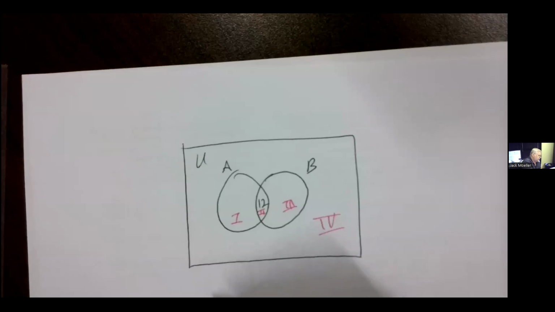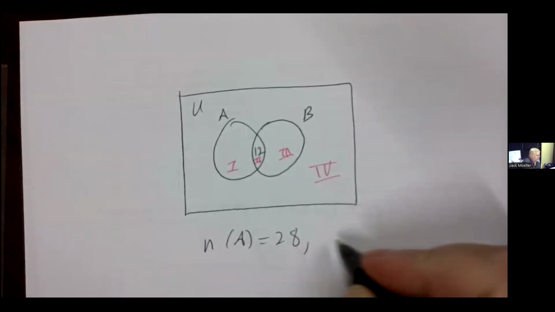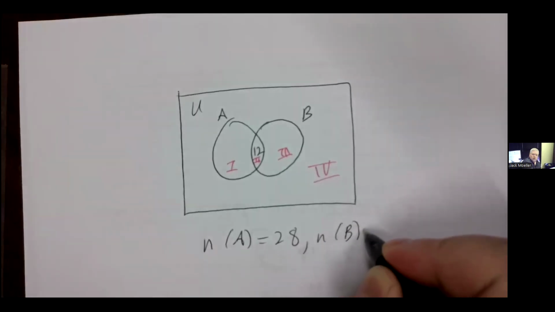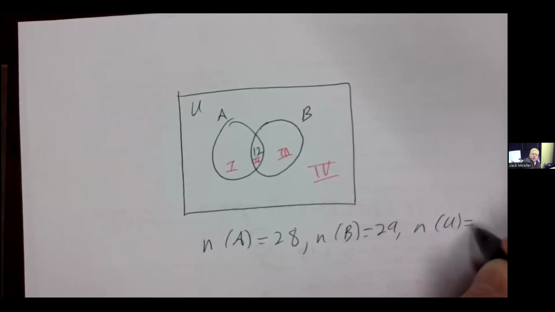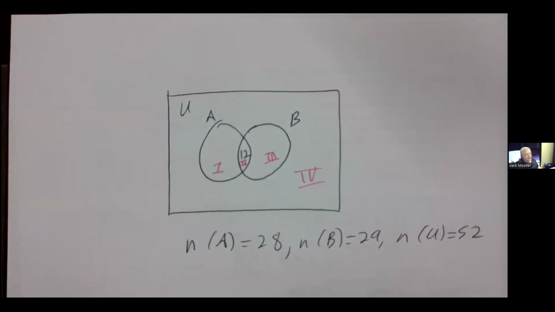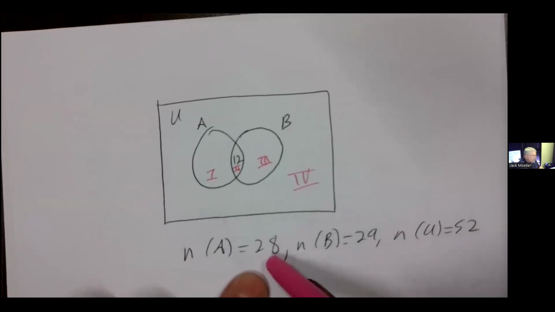And what else do they tell us? Number of A is 28. Number of B is 29. And then the number of universe is 52. So how do we deal with these numbers? All right. So what do we do with that 28?